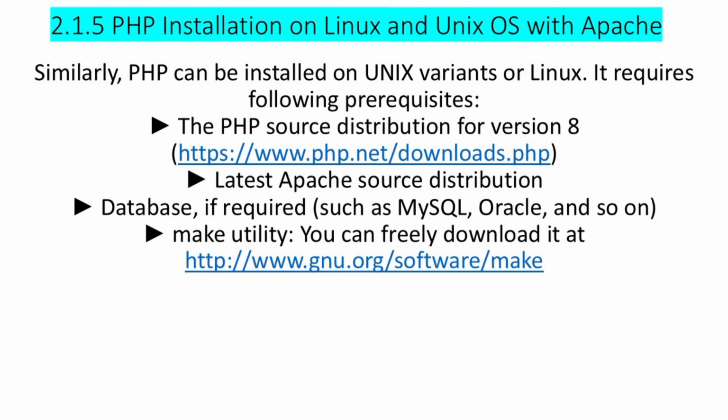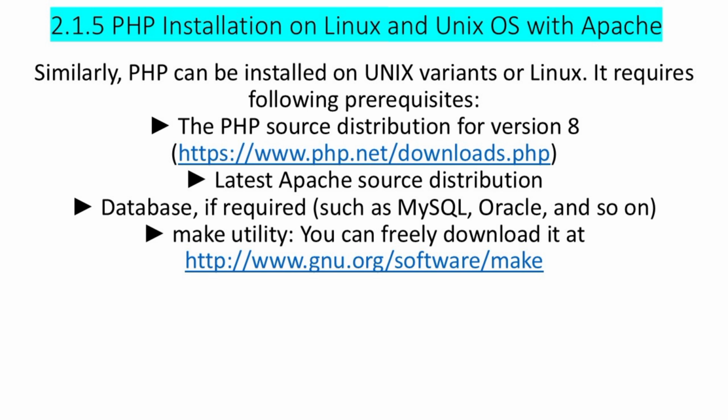Finally, you'll need a tool called Make Utility, which is used to compile and build PHP from its source code. You can freely download this utility from the GNU website at http://www.gnu.org/software/make. By ensuring these prerequisites are installed and properly configured, you'll have a smooth setup process for PHP on Linux or Unix.